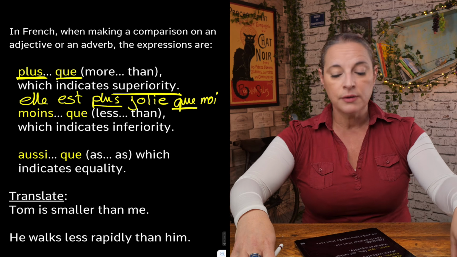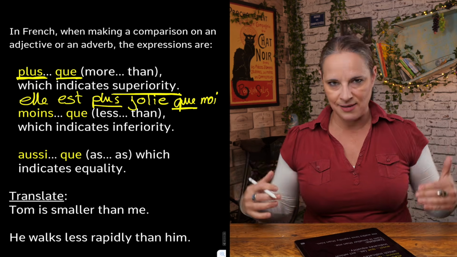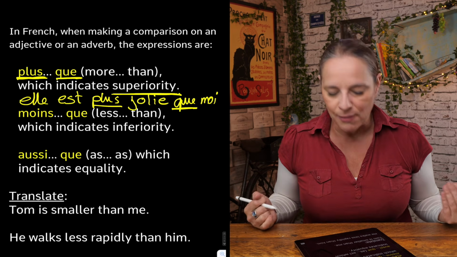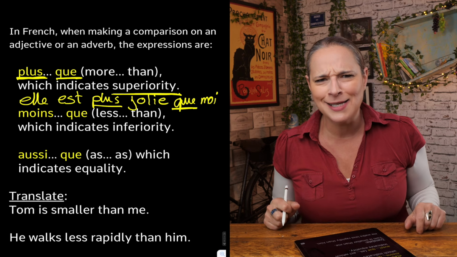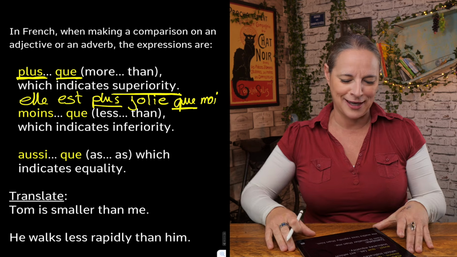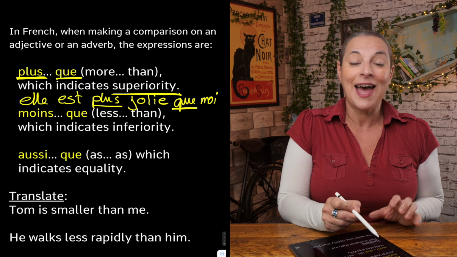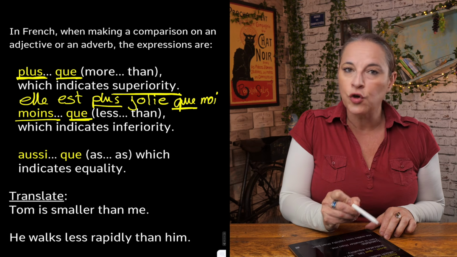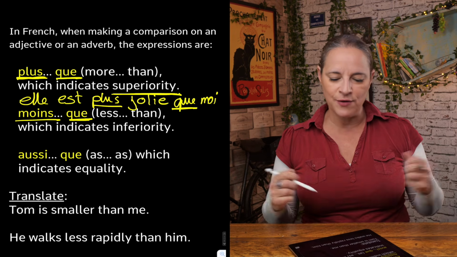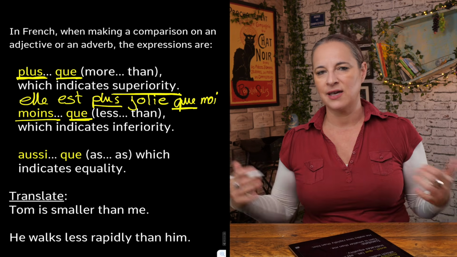So plus, que, okay? Now, if you wanted to say less than, she's less pretty than me, okay? For example, it's not a sentence you would necessarily say, but as an example here, to give you a context, we would use the comparative of infériorité, okay? Moins and then que, okay? So have a look at the same sentence above. This time we want to say she's less pretty than me.